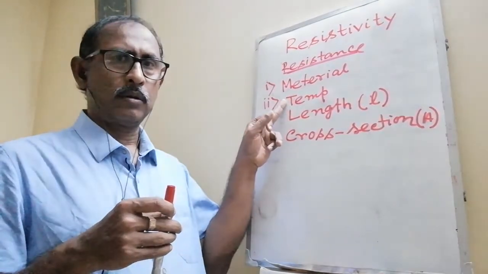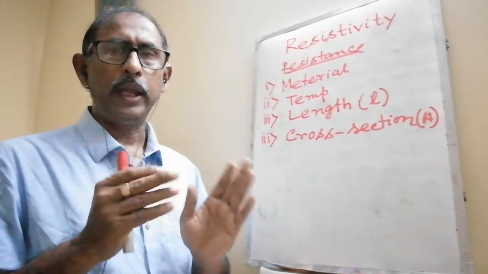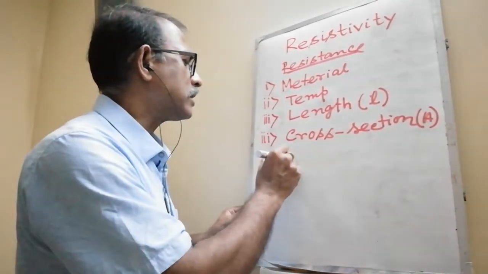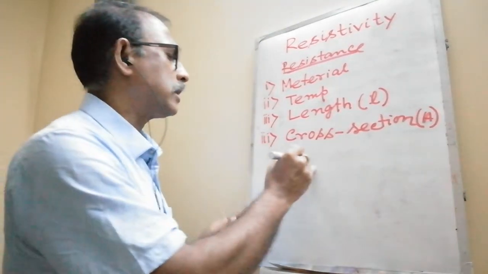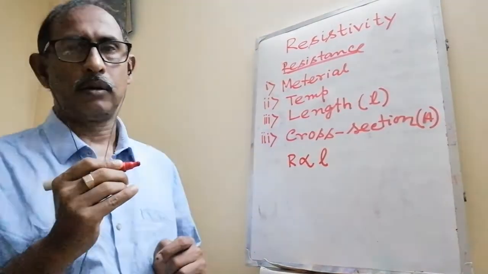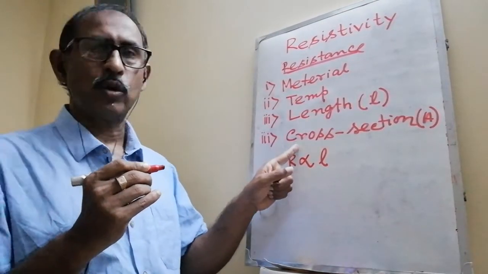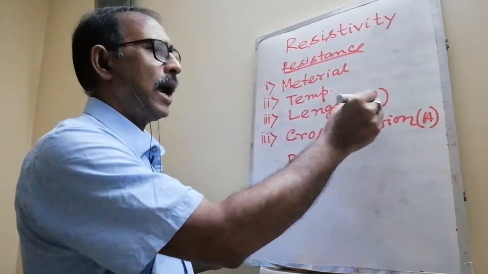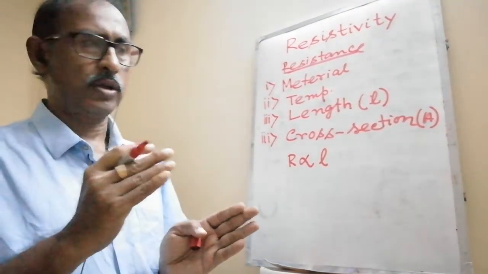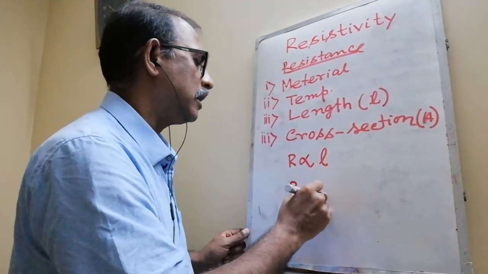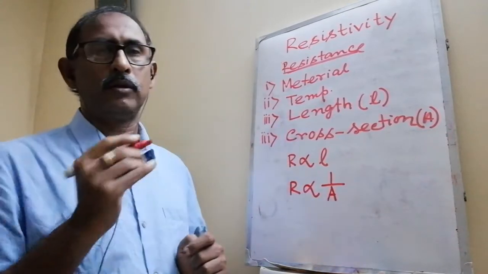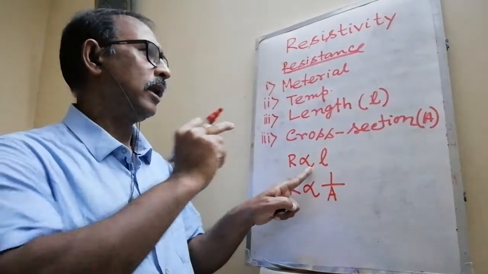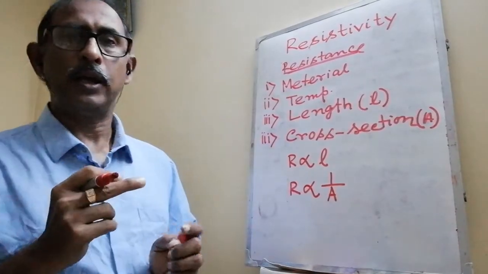If the temperature and the cross section of any conductor remain constant, then the resistance R is directly proportional to L. And if the temperature and the length remain constant, then resistance is inversely proportional to cross section.